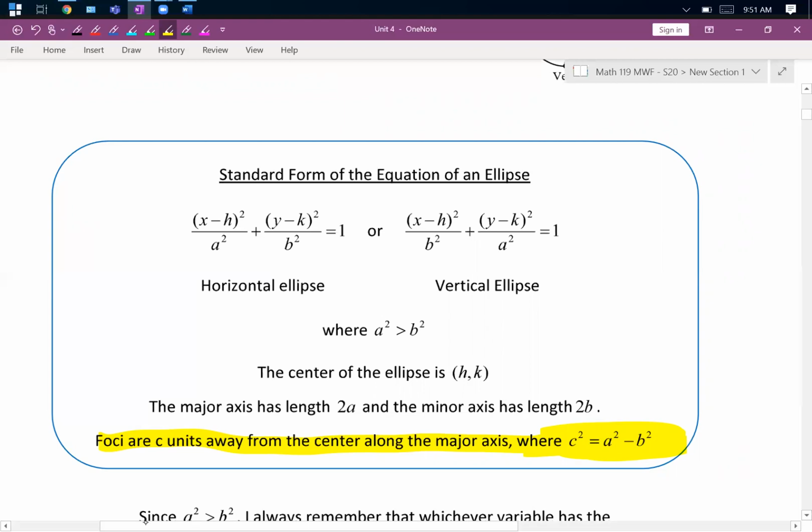So how I remember it is, if my equation has a plus in it, then finding my c value has a minus in it. Because later when we do hyperbolas, it's the exact same standard form, except this is a minus up here, and this is a plus down here. So I just remember that it's opposite the operation I see from the equation to finding my c value.